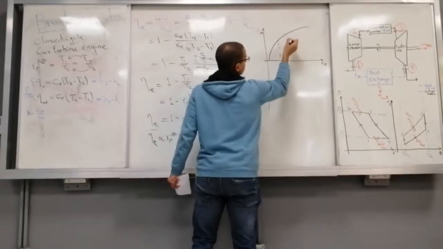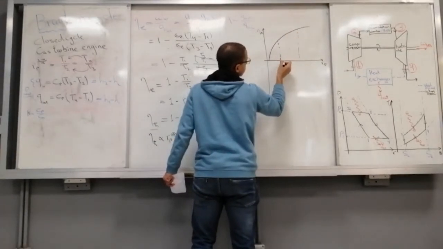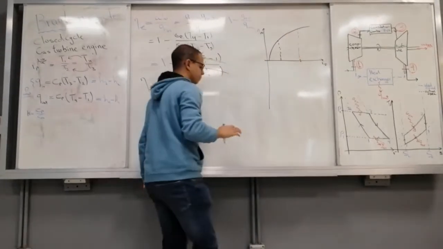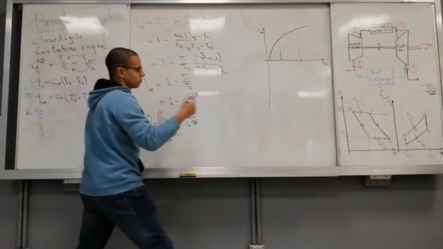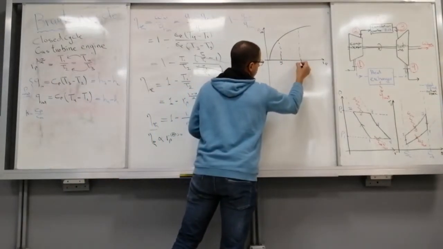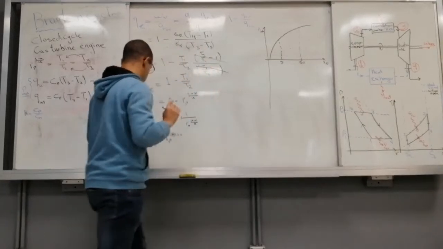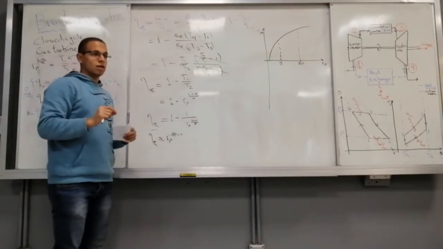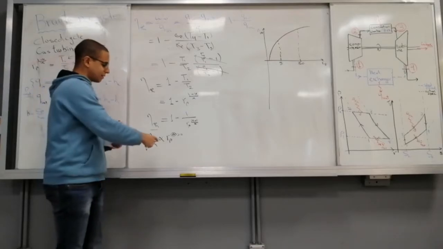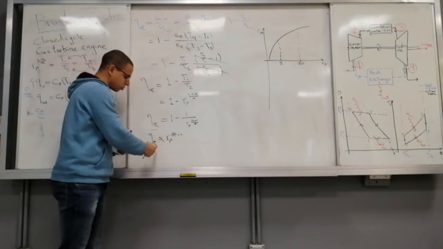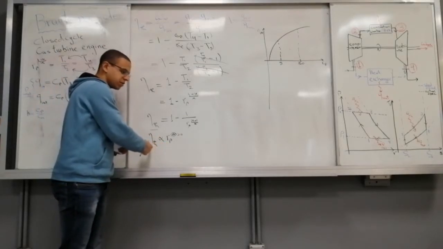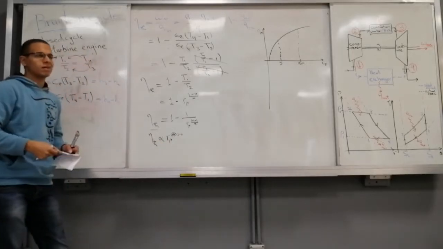Some range over here is the practical region for design considerations, which varies between pressure ratios of 5 and 20. Thus we came to a conclusion, a false conclusion, that as we increase the pressure ratio, the thermal efficiency also increases. But that's not totally true.